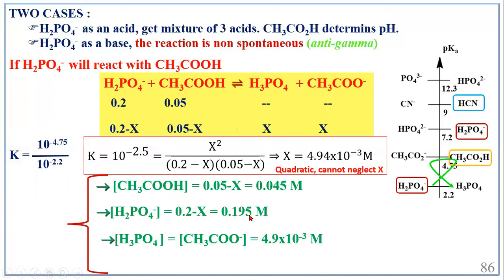Will that then react further with my HCN? Well, there is a very high anti-gamma in that direction. If it does react, it's very much negligible. That X through that reaction is very negligible. So I'm sure it probably will react, but it won't remove much of my H2PO4 concentration.